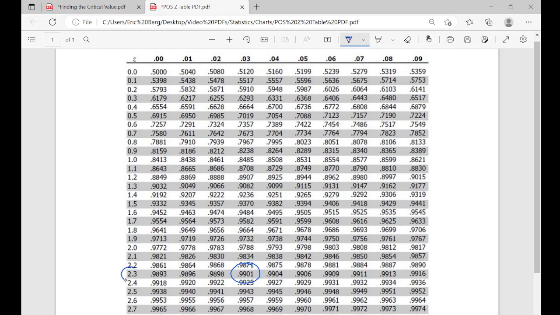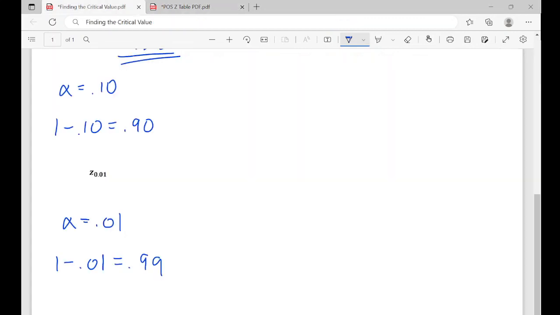So 2.33. So 2.33 is the closest to 0.99. So critical value is 2.33. And that is again with the table.